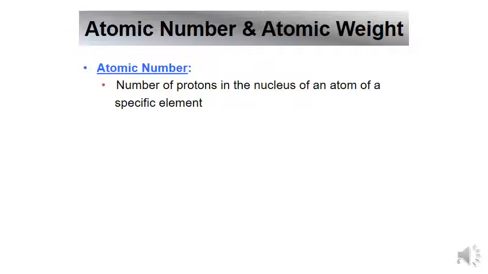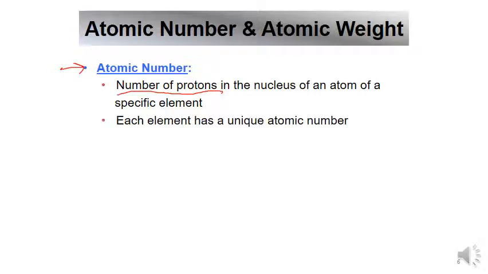Okay, we need to know the atomic number of an element. Atomic number is the number of protons in the nucleus of an atom. So for example, carbon has 6 protons and its atomic number is 6. Oxygen has 8 protons, its atomic number is 8. So the atomic number never changes for an element. That's what makes it unique.